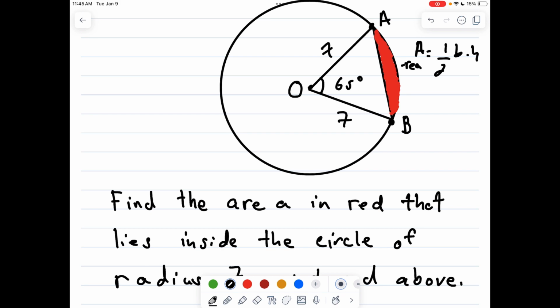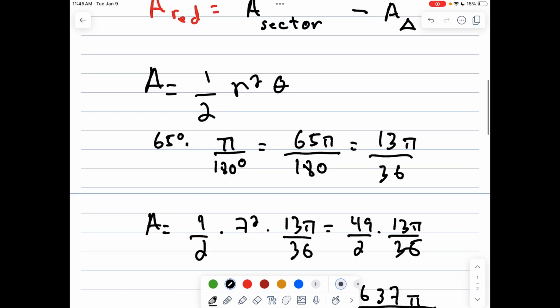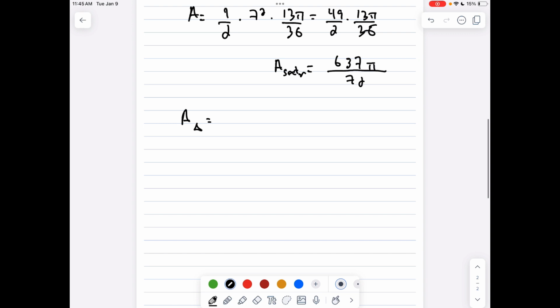Well, there's a formula from your trig class that says if you have a triangle, which is this, and you have two sides, call them a and b, lowercase, and an included angle, which is an angle in between the two sides, the area is equal to 1/2 the product of the sides times the sine of the angle.